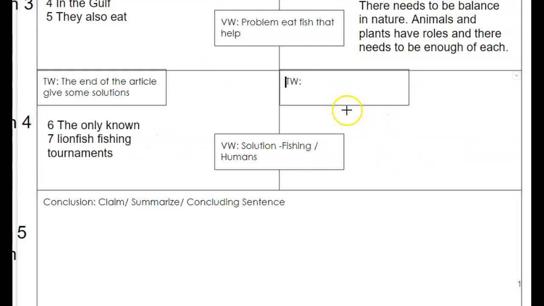Okay, so from my brain, I'm looking at that and knowing that the one quote includes the information that the tournaments have only caught or killed 12,000 lionfish. It's a solution, but it certainly doesn't compare to the 2 million babies that they can have. It doesn't seem like a lot.